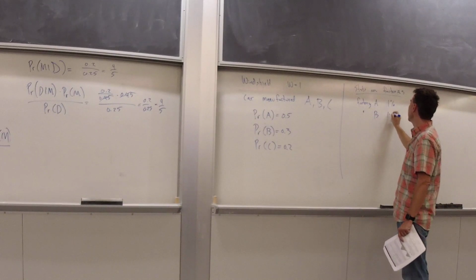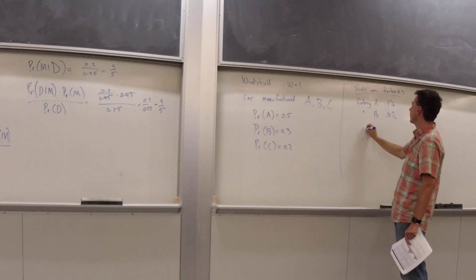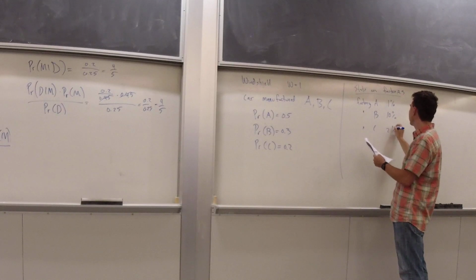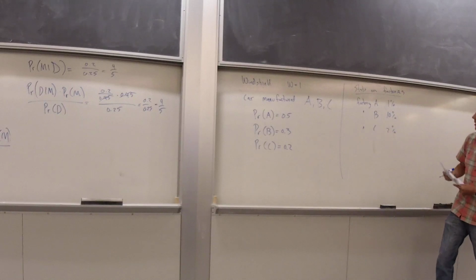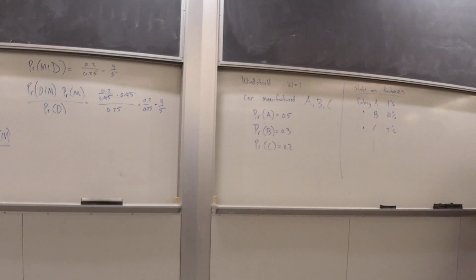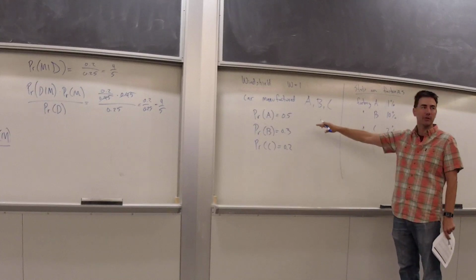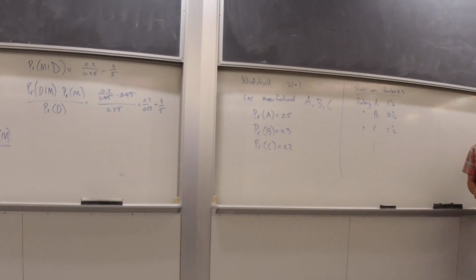Factory B, it's a problem and it's 10% of the time. At factory C, it's not so bad and it's 2% of the time. Still worse than A. Okay, so how can I combine these together to understand which factory was most likely to have been the source of my cracked windshield?